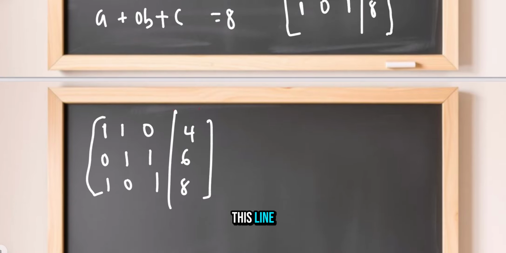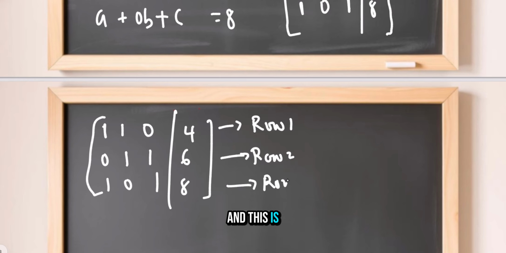Now, looking at this line, this is my row 1. This is my row 2. And this is row 3. Now, next is to do row 3 minus row 1.